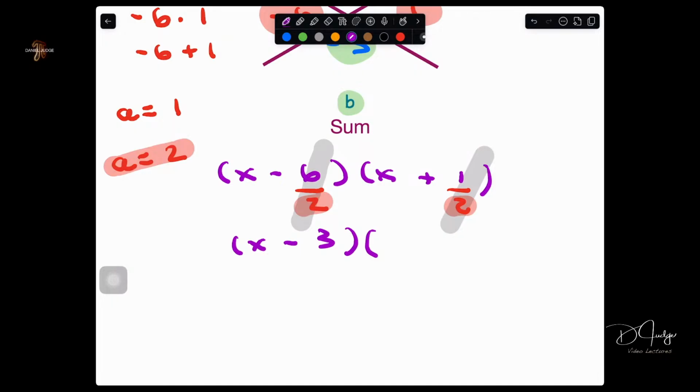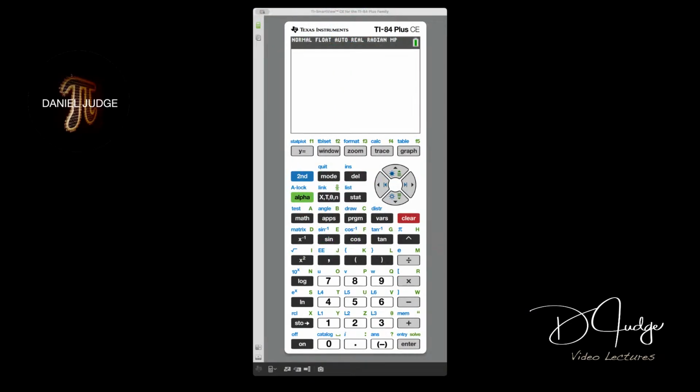And you say, what is the decimal? Well, the decimal is going to be 0.5. Okay, 6 divided by 2 is a whole number of 3, but 1 divided by 2 is a decimal value. You might say, I don't believe you. One divided by 2 is not a whole number, it's a decimal value, 0.5.